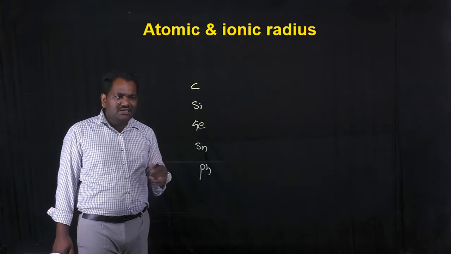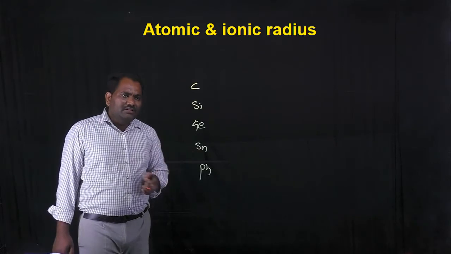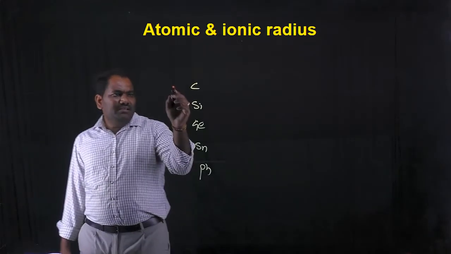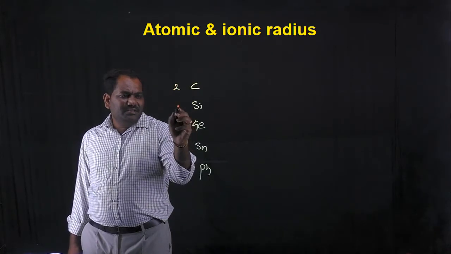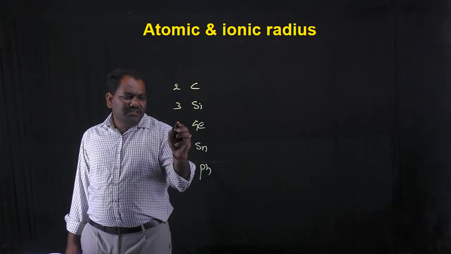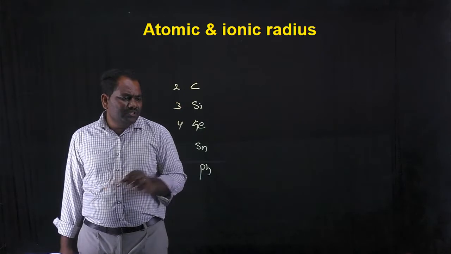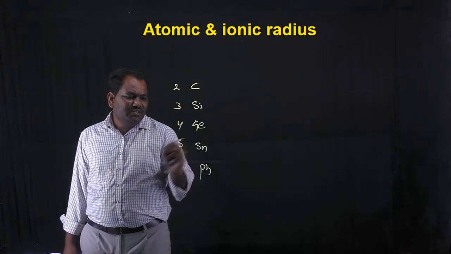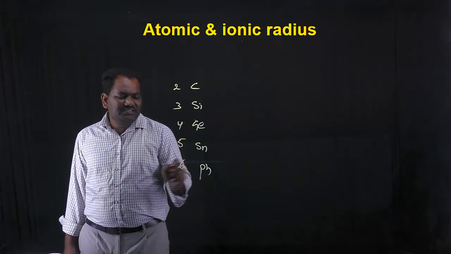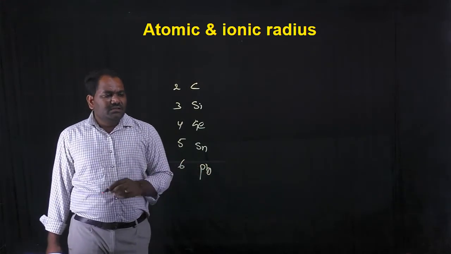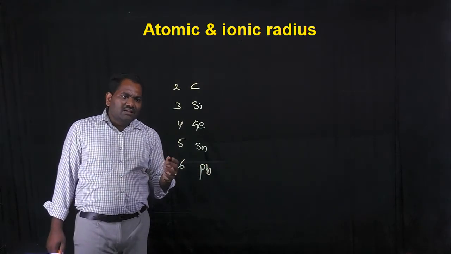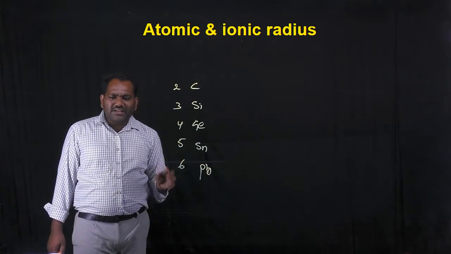Because the last electron enters a new shell. In carbon it enters the second orbit, in silicon the third, in germanium the fourth, in tin the fifth, and in lead the sixth. That's why the atomic size gradually increases.